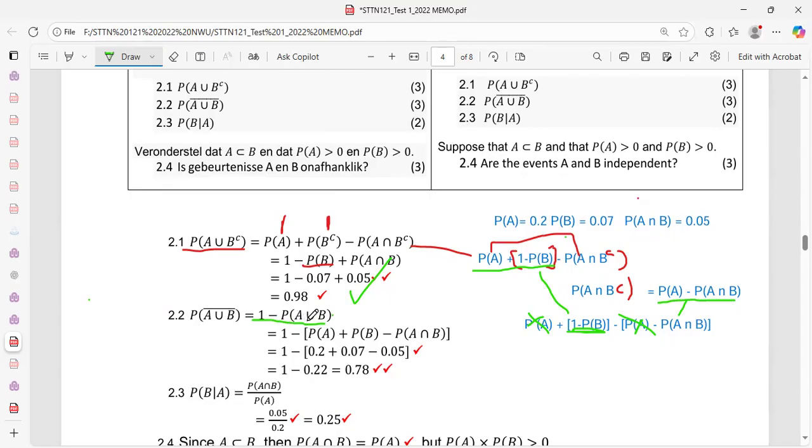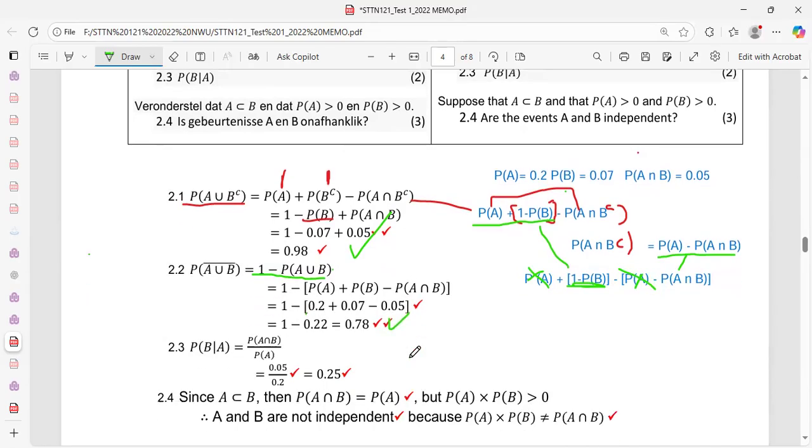Then A union B. You guys know A union B is the formula for non-mutually exclusive events. This formula is probability of A plus probability of B minus the probability of A and B. You just substitute 0.2 is the A, 0.07 B, and then minus 0.05 the intersection, and then you'll get 0.78.